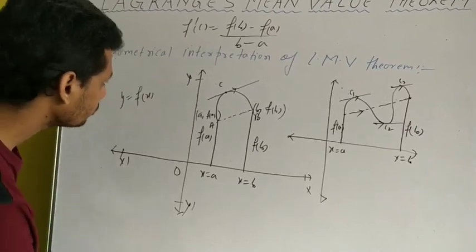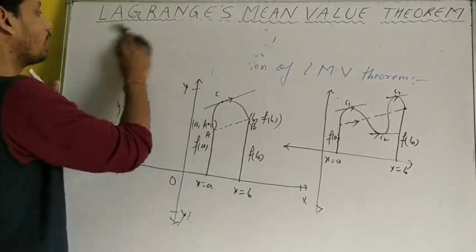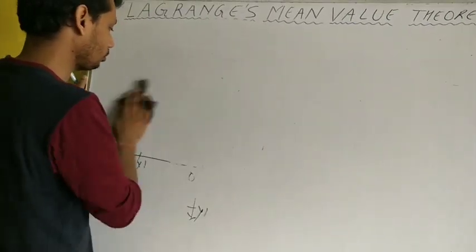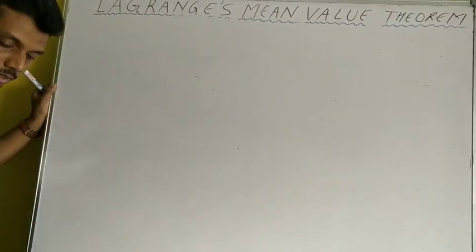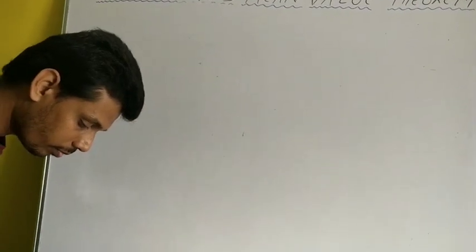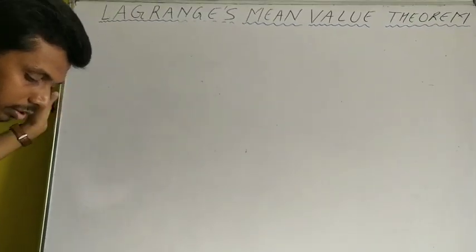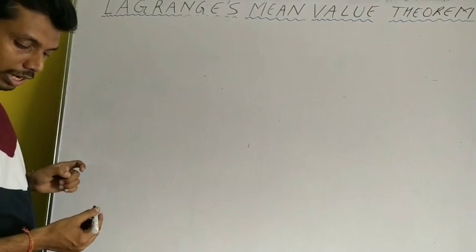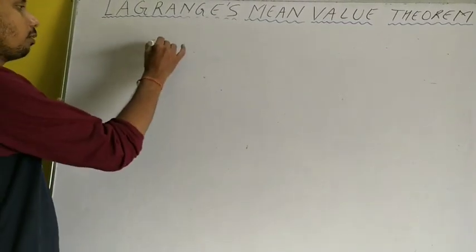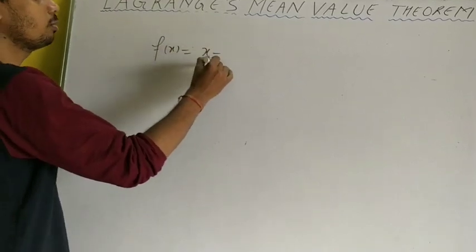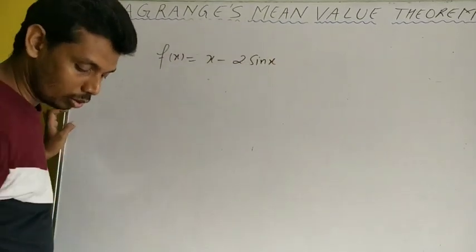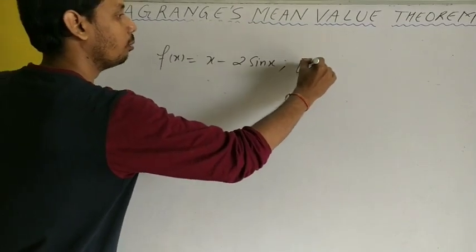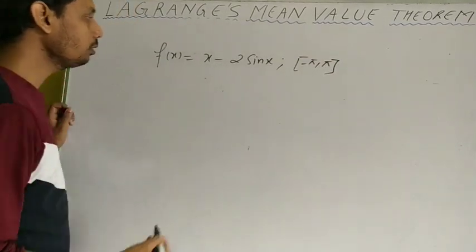Now see, what type of questions are asked in your CBSE exam. Here, verify Lagrange's mean value theorem for the function fx is equal to x minus 2 sine x, where x belongs to the closed interval minus pi to plus pi.